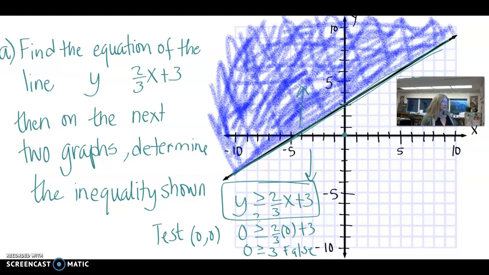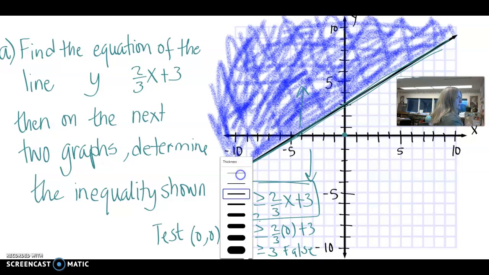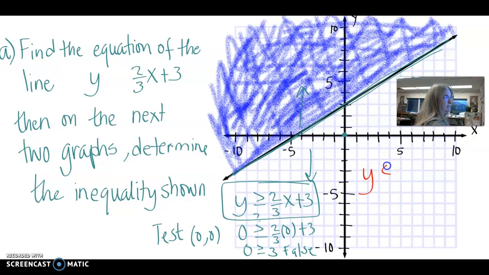But let's say you took a guess and you didn't know that it was greater than or equal to, and you're saying, well, I think it might be less than or equal to 2/3 x plus 3. So then you can test any point. If it's in the shaded region, it should make the inequality true. If it's not, then it should make it false. Again, I'm going to test 0, 0 here and see if this is true or false. Is 0 less than or equal to 2/3 x plus 3?